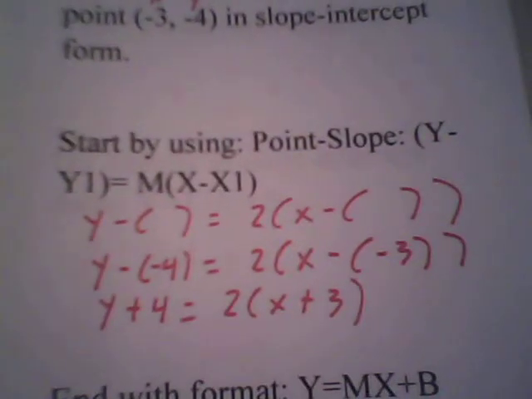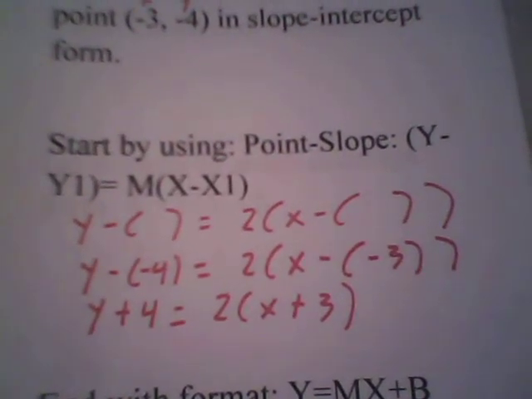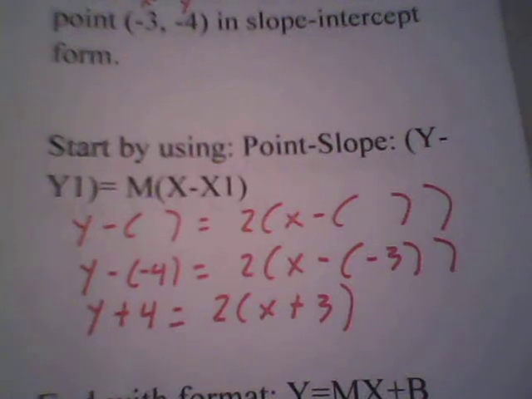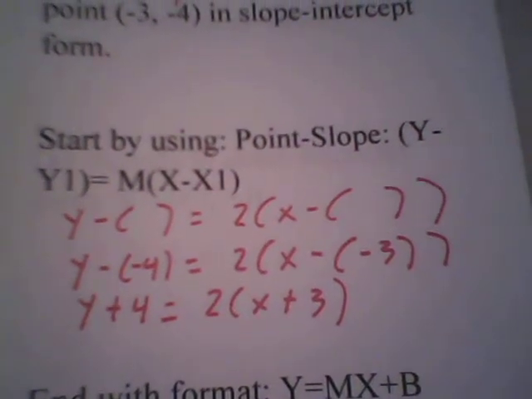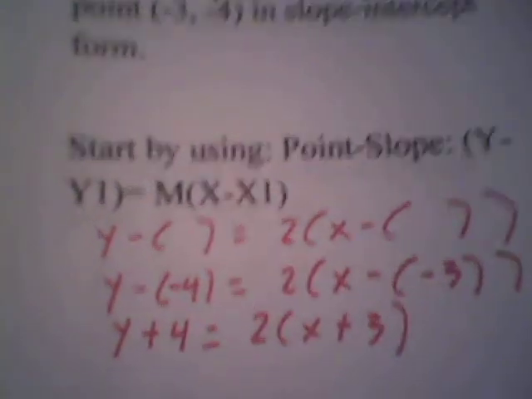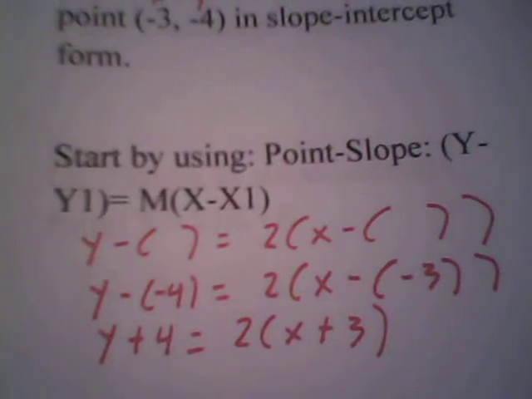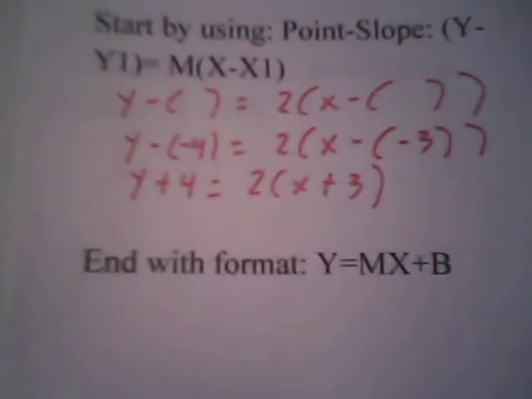So I have y minus negative 4 equals 2, which is your m, times x minus negative 3, which whenever you remember negative times negative is positive, you have y plus 4 equals 2 times x plus 3. And then you'll finish working that out, and you'll end with the format of y equals mx plus b.